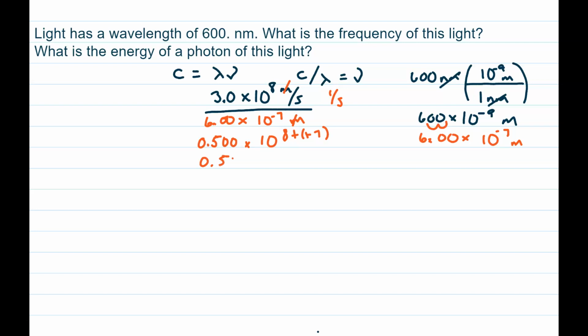So that's 0.500 times 10 to the 15th inverse seconds. Let's make that nice scientific notation. 5.00. Since I made 5.00 to be bigger, I subtract. So I'll subtract 1 here. 10 to the 14th inverse seconds.